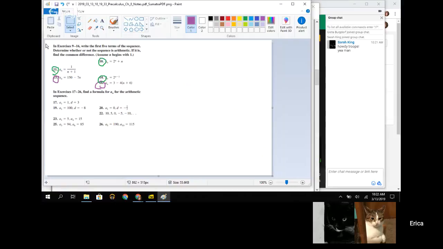All right. So to find any term for an arithmetic sequence, remember the formula. Well, we just talked about it: the formula is a sub n equals the difference times n plus some constant. And the constant is found by taking a sub 1 minus the difference. Okay, so that's the formula we want to keep in our mind. Number 17, well, 17 through 26, we want to find a formula for a sub n.